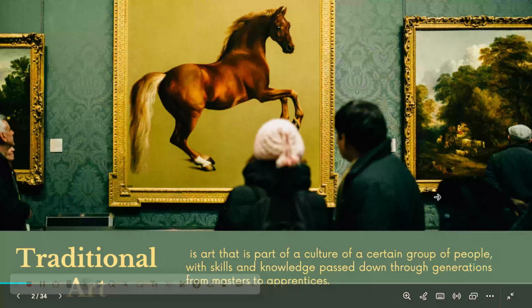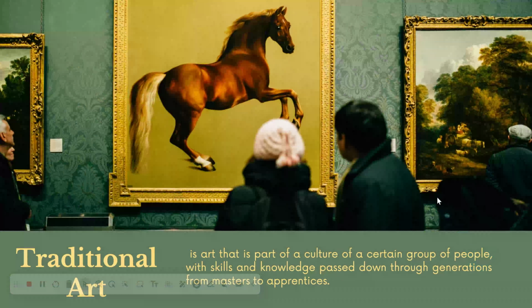Now, traditional art is pretty much what it sounds like, where you're using traditional art materials such as pencil and paper and paint on canvas, or like throwing pottery on a potter's wheel. Those are traditional art mediums. Traditional art can also be considered traditional in subject matters or methods.